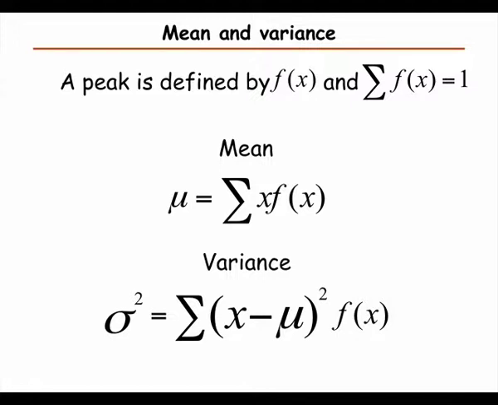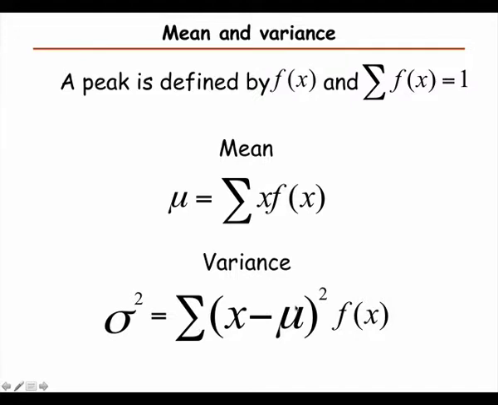So now if we define a peak f of x, and we normalize it so that if we sum over f of x, we get 1, then the mean is defined by multiplying x by f of x at each value and summing over that.